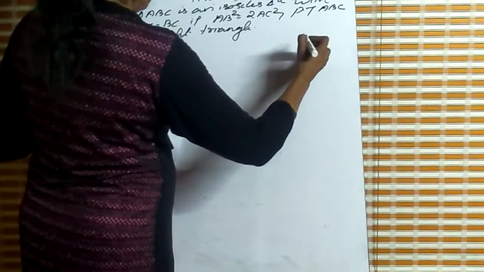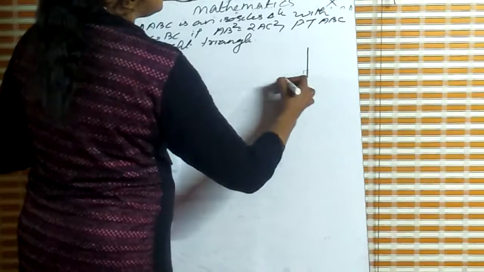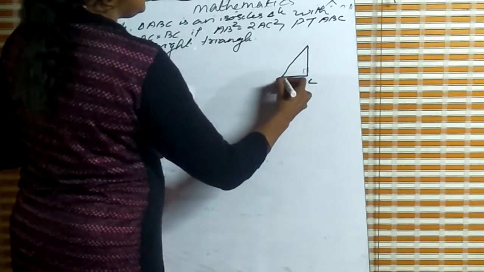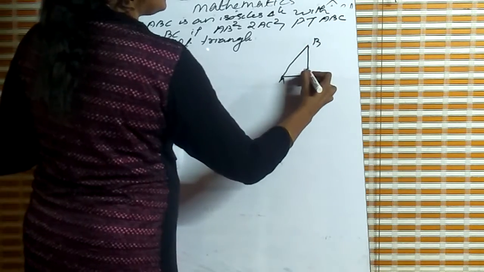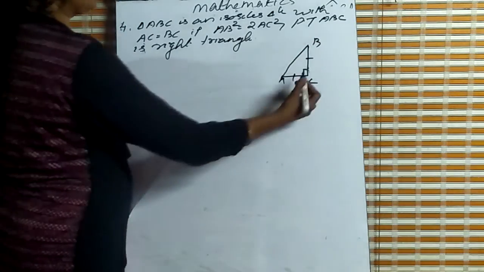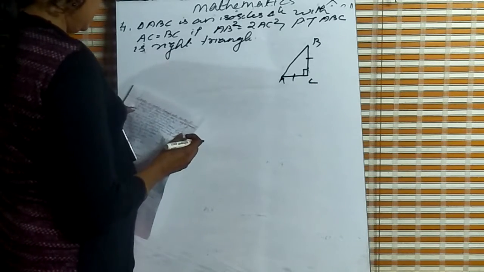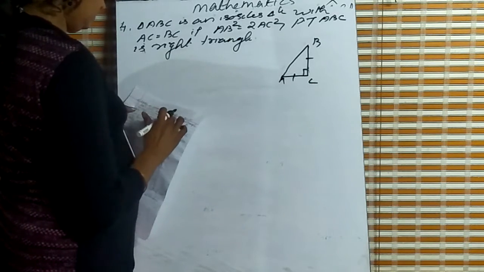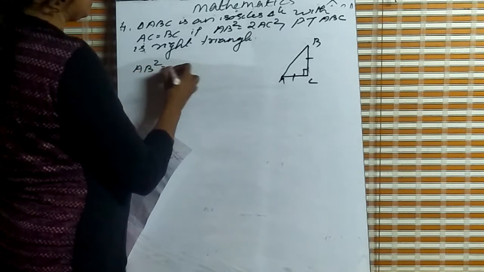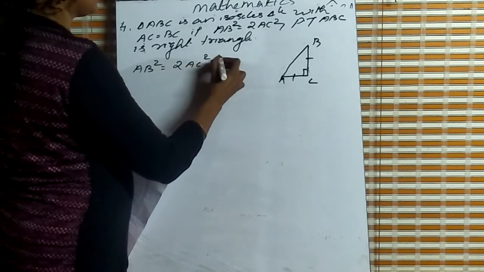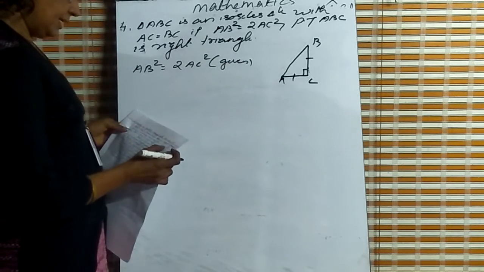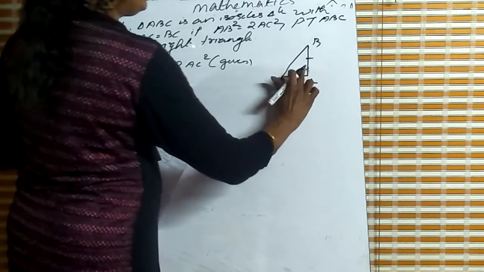ABC is an isosceles triangle, means AC is equal to BC, and right angle at C. If given AB square is equal to 2AC square, prove that ABC is a right triangle.